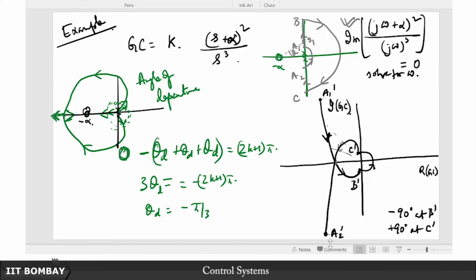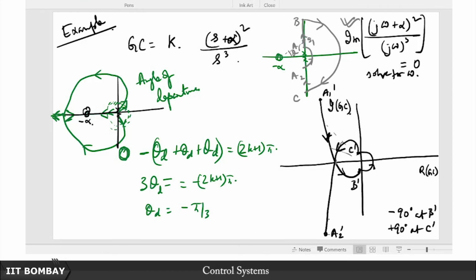Now the question is from A2 prime to A1 prime, which is the map of A2 to A1, the small dent that I drew around this origin, in what direction am I going to traverse, yeah. So that is going to be a critical question here, insofar as the stability is concerned.